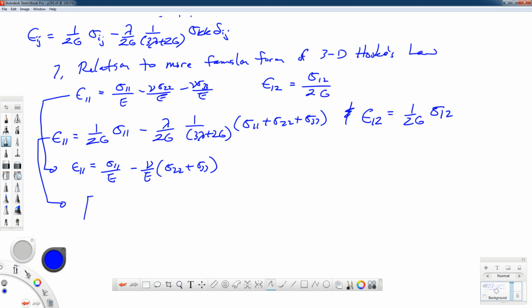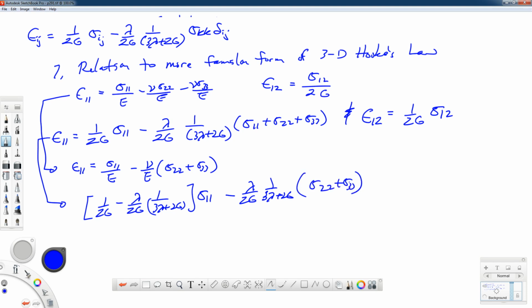My first term is 1 over 2G minus lambda over 2G, 1 over 3 lambda plus 2G, times sigma 11. And then I'm going to have a minus lambda over 2G, 1 over 3 lambda plus 2G, times sigma 22 plus sigma 33.